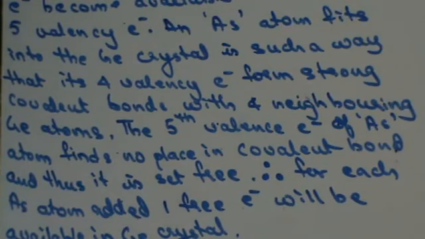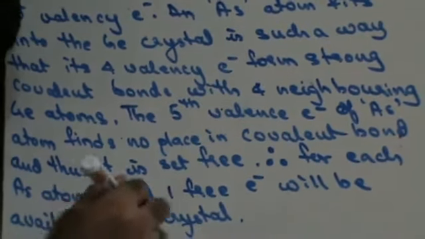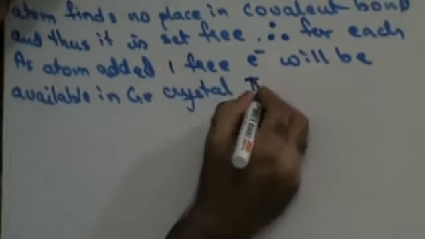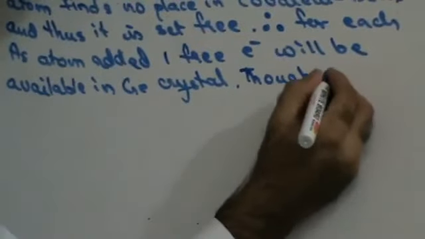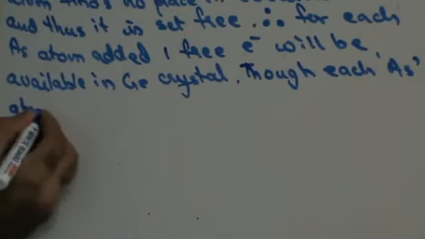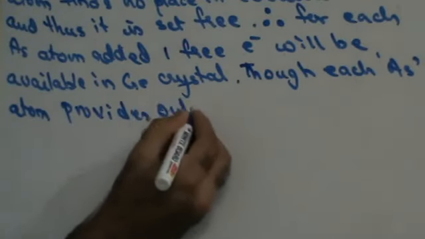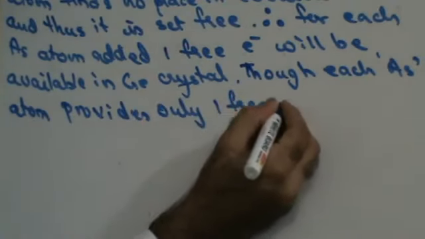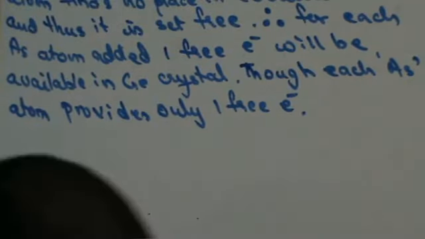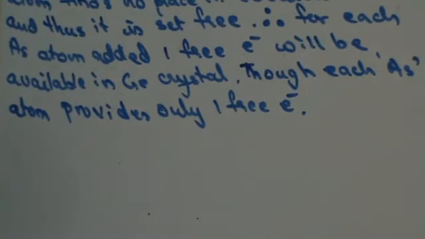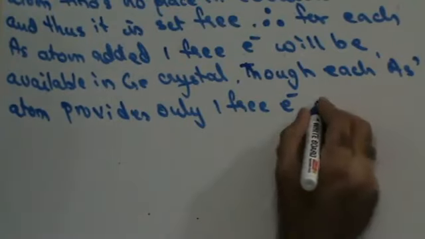impurities can provide enough atoms to supply millions of free electrons.